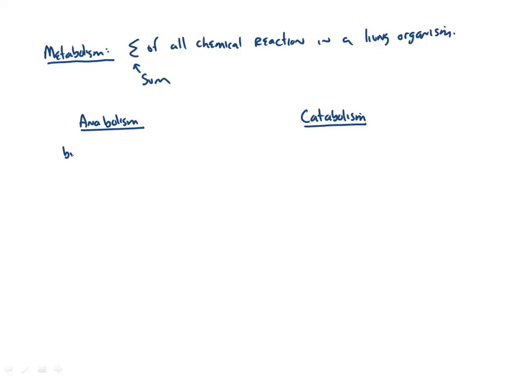So it builds molecules up and breaks molecules down. This is kind of like oxidation and reduction, meaning they're kind of paired. You can almost always have an anabolic process, and you'll usually have a corresponding catabolic process with it. So we build molecules up, we break molecules down.